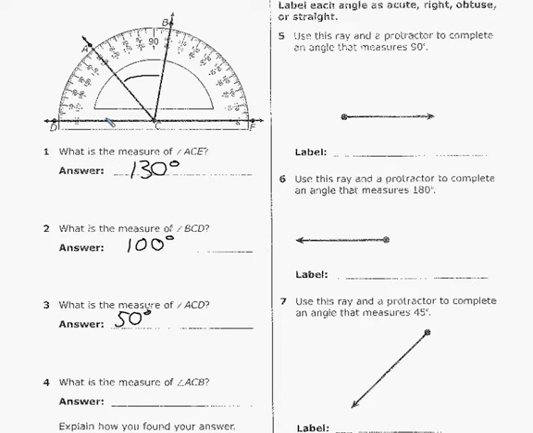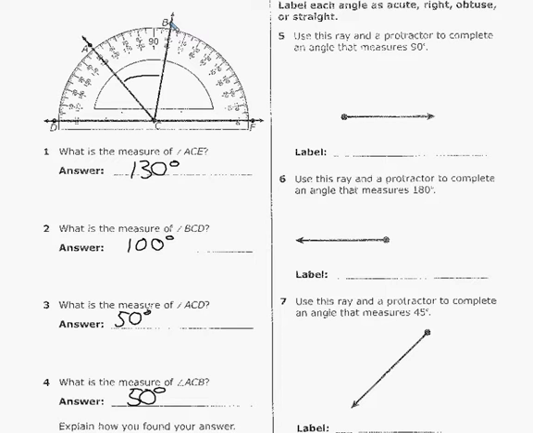Let me put 50 degrees there. Okay. Or I could use some of the information I know about these other two angles right here, and that could help me figure out what that is. Or I could just look at ray CA, it's crossing right at the 50, and then ray CB is crossing right there at the 100.